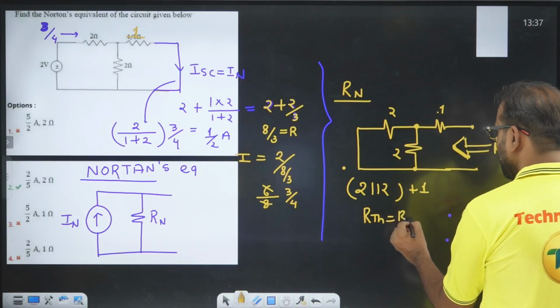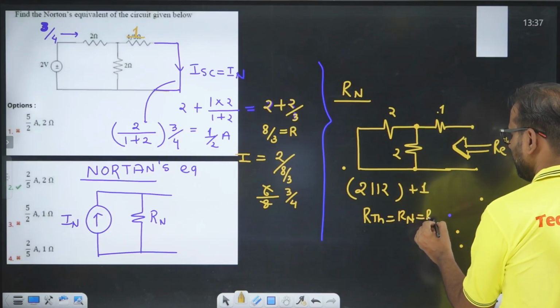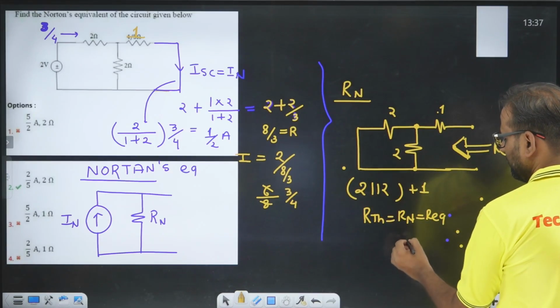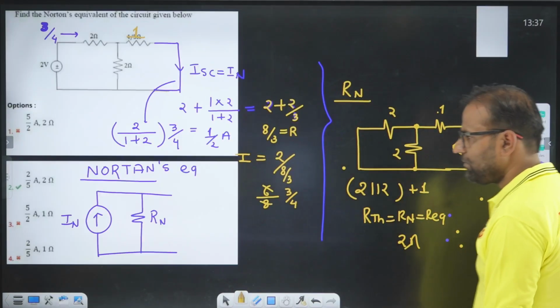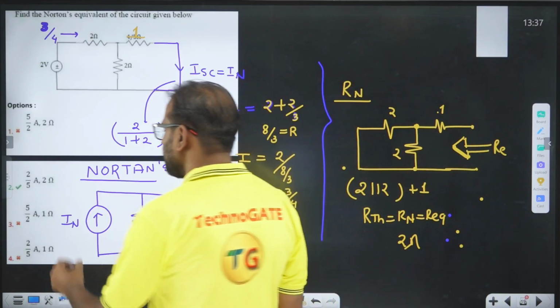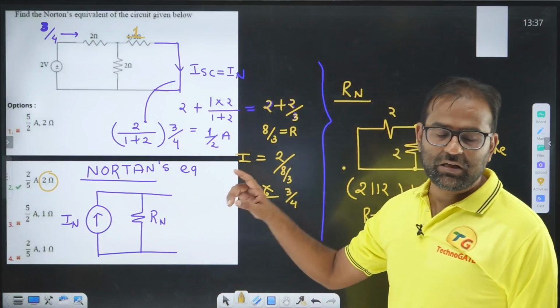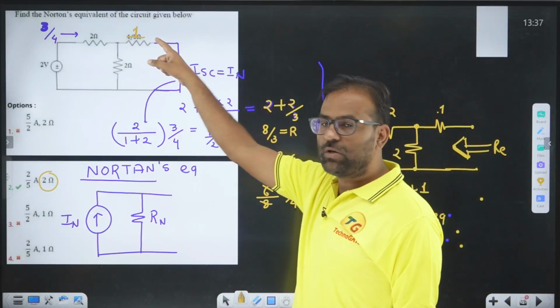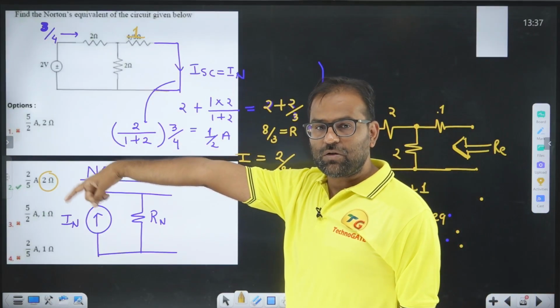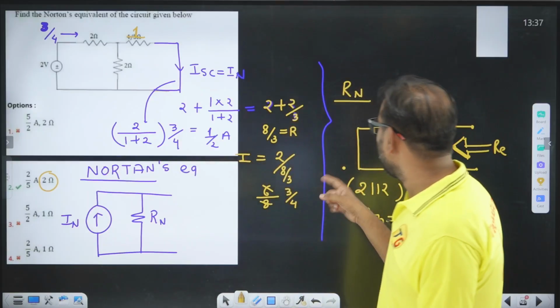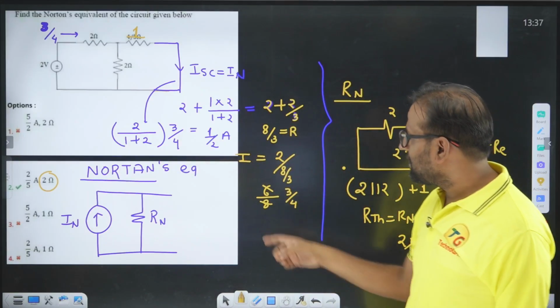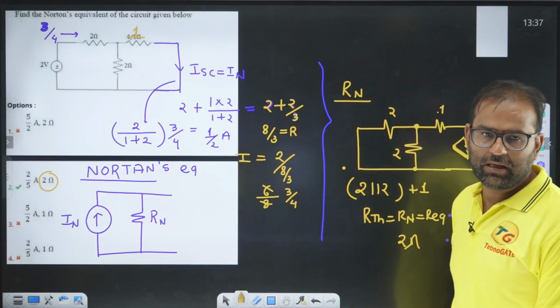RTH or RN or R equivalent, all are the same, and this value is 2 ohm. So what is the correct answer? 2 ohm is the correct answer, and the answer for current, if we take this value as 1, is not 2 by 5, this answer is 1 by 2 ampere. So keep this in mind.